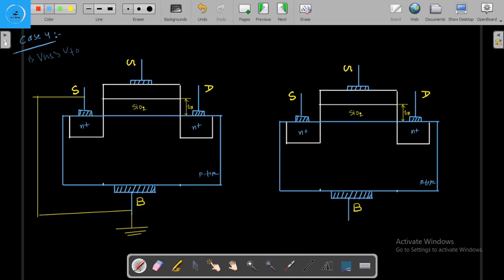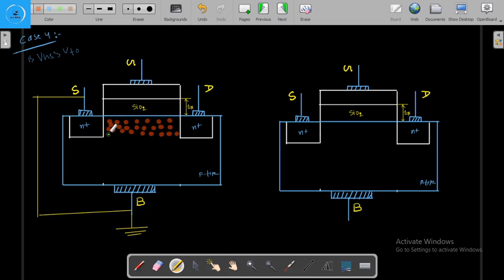When our gate to source voltage is greater than the threshold voltage, a large amount of electrons is present here.